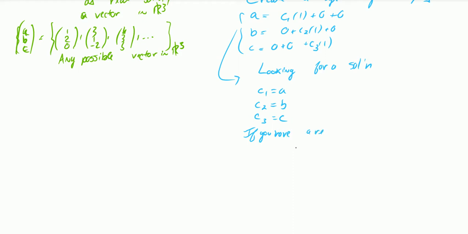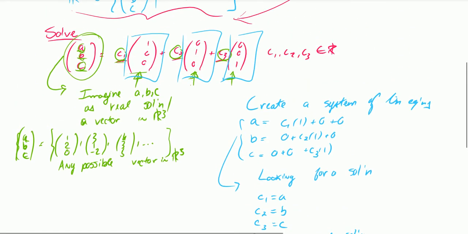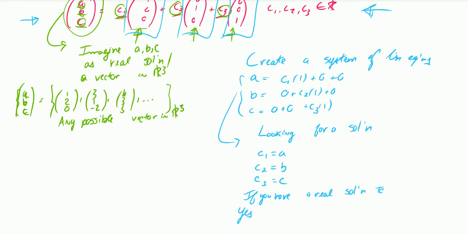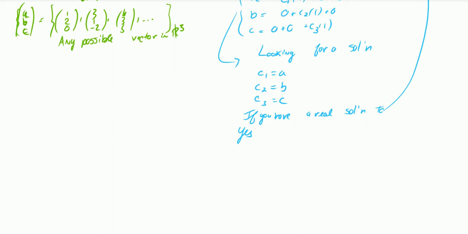So automatically, if you have a real solution to this system, to this equation, then you can say yes, my set S, which is equal to (1, 0, 0), (0, 1, 0), (0, 0, 1), spans R3.